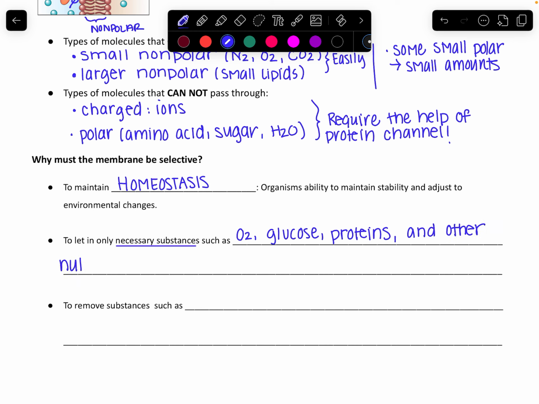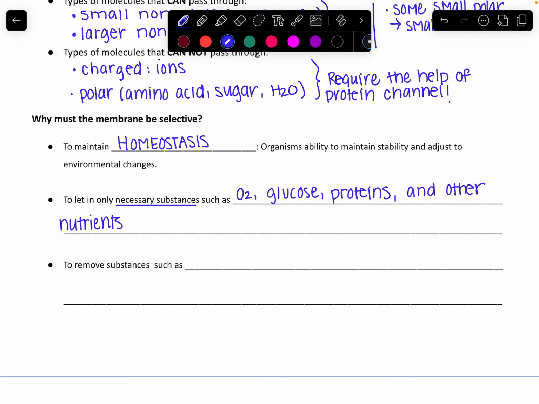Our cell is going to let in certain amounts of things through the membrane, either directly through or using transport proteins, to get the stuff that we need into our cells. And then remember, our cell also needs to be able to remove substances that are waste products.